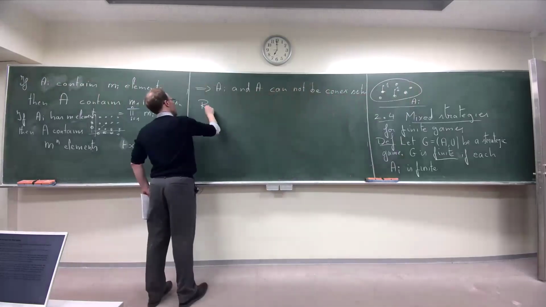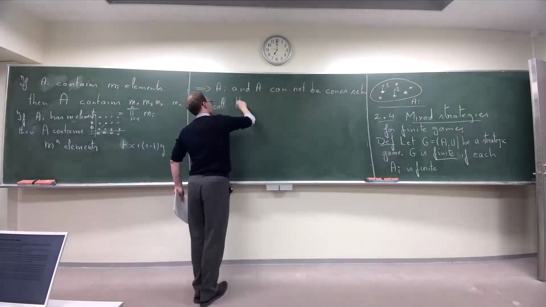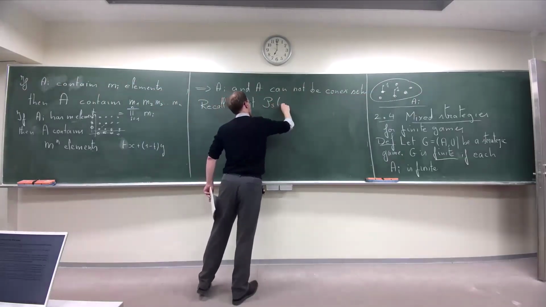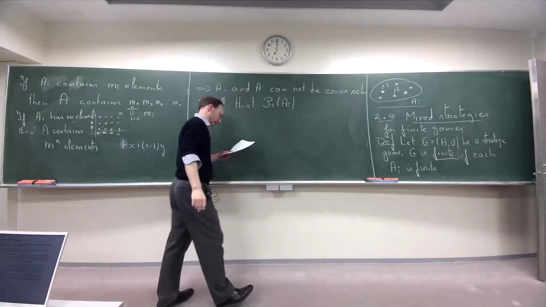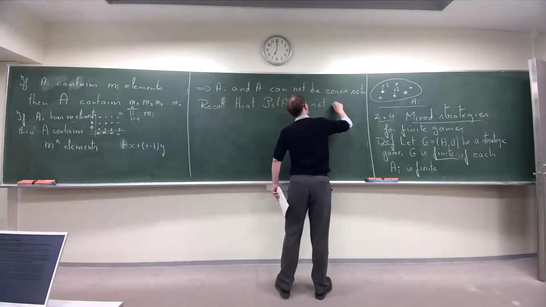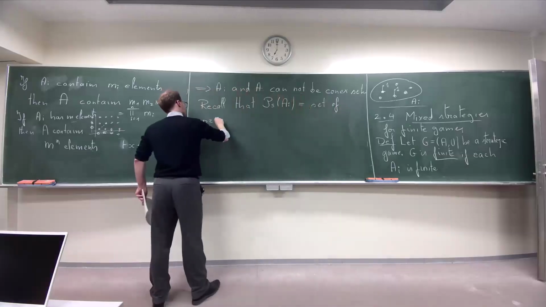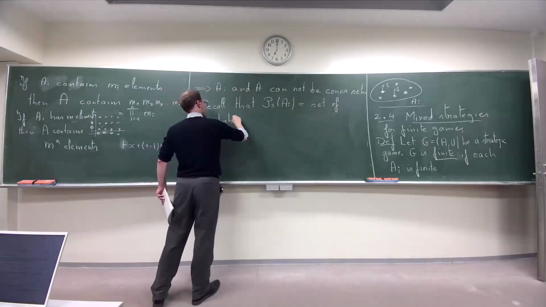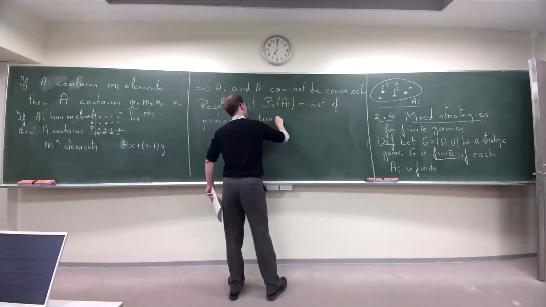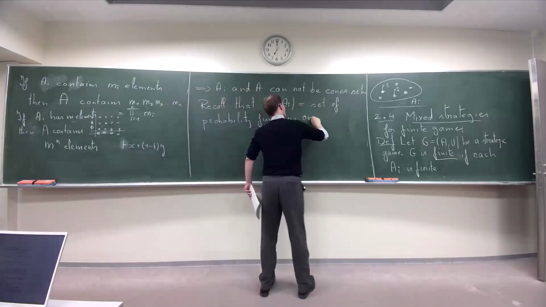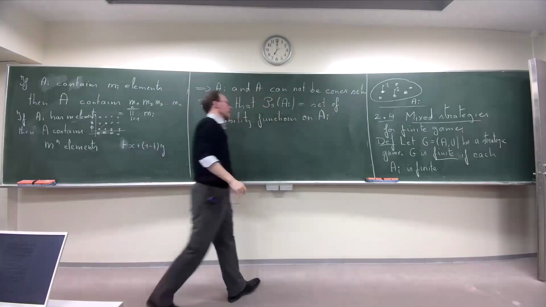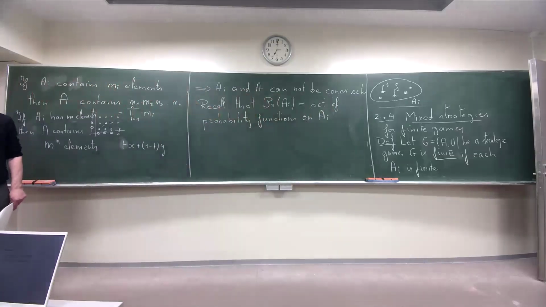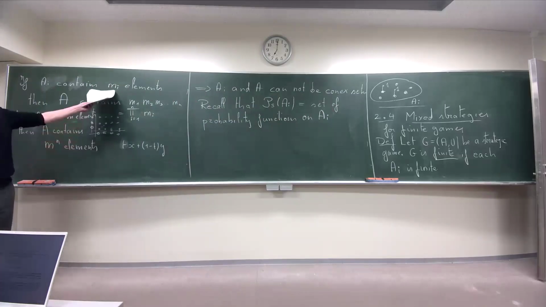I recall it once again, that this set of A_i is the set of probability functions on A_i. Observe that last time when I introduced this set, I said that they have to have finite support. But now I'm dealing with a finite set, so you don't need an additional condition because at most you have m_i points.